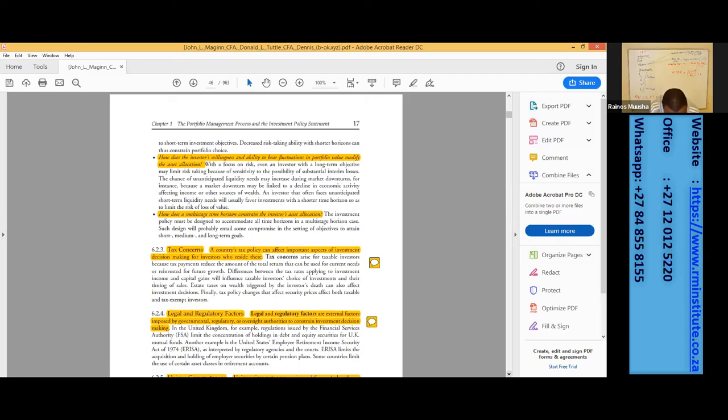Then the next one is, how does a multi-stage time horizon constrain the investor's asset allocation? Because remember, if it's a multi-stage time horizon, let's say for example, the investor is 52 years of age and is planning to retire at 55 years of age.